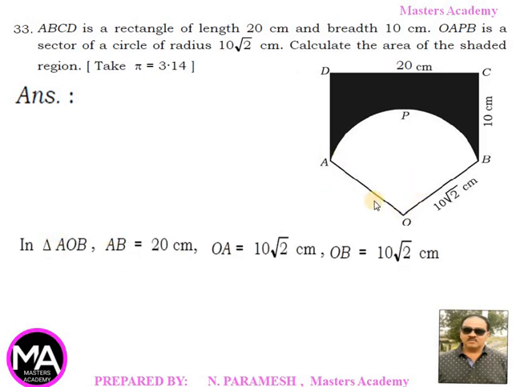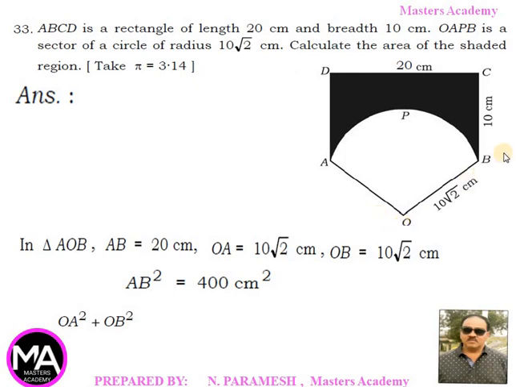In triangle OAB, AB is 20 centimeter, that is given in the question. OA is equal to OB is equal to 10 root 2 centimeter. AB square is equal to 20 square, that is 400 centimeter square.